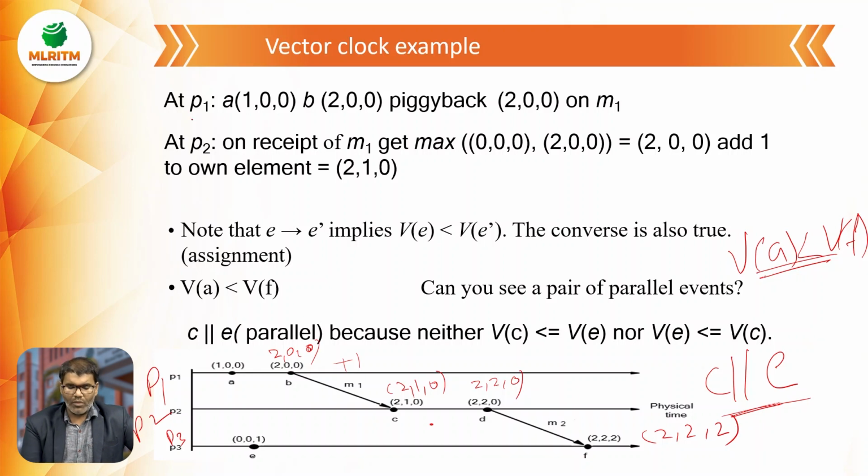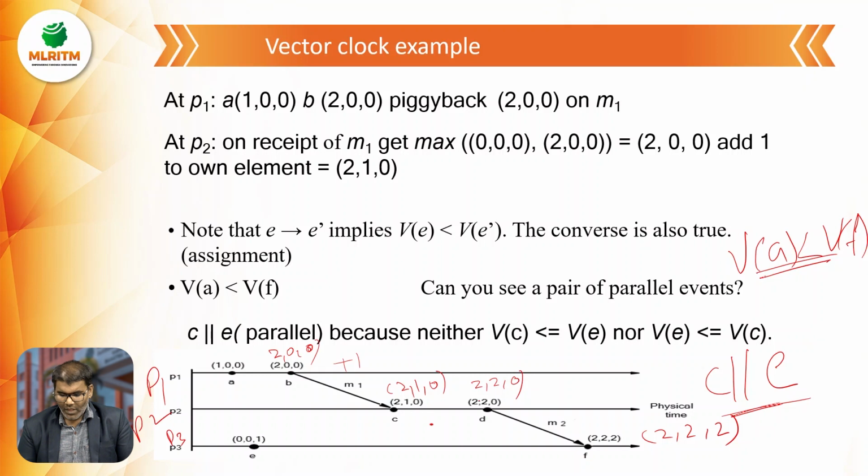Vector 1 example. Here process P1: A is 1 comma 0 comma 0, and B is 2 comma 0 comma 0, and piggyback means 2 comma 0 comma 0 by sending the message M1. P2 receives it by using M1, here getting 2 comma 1 comma 0, means here adding 1, incrementing the 1.